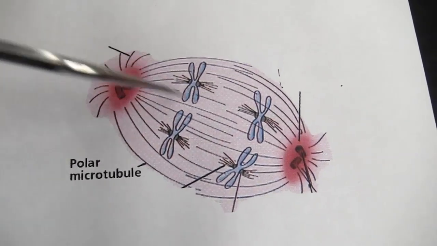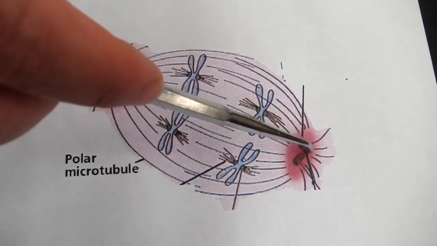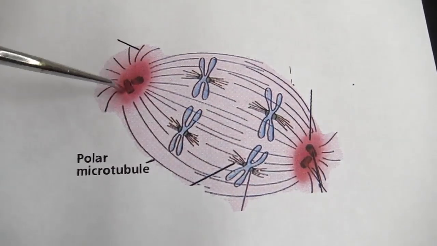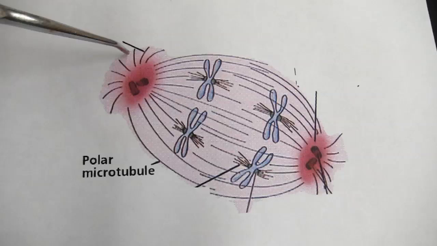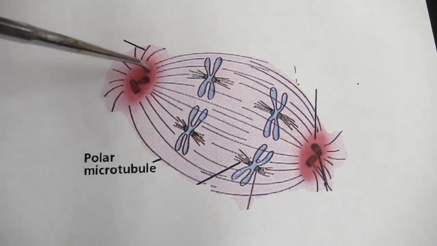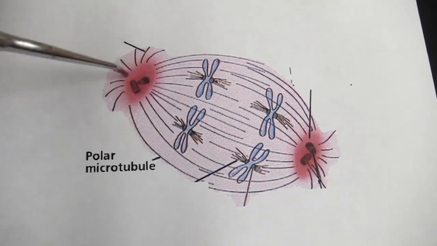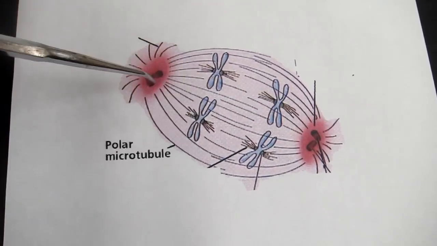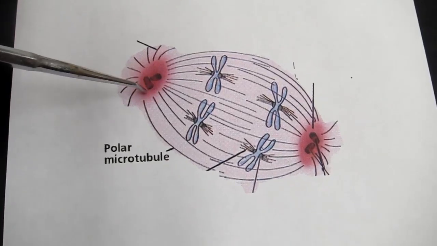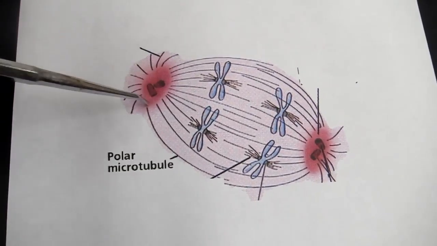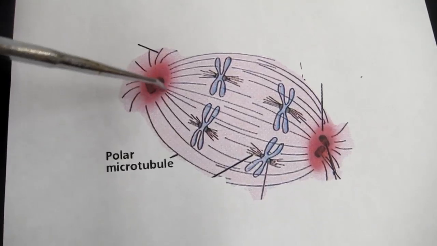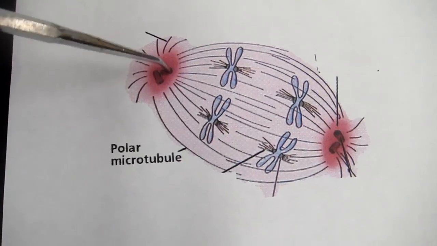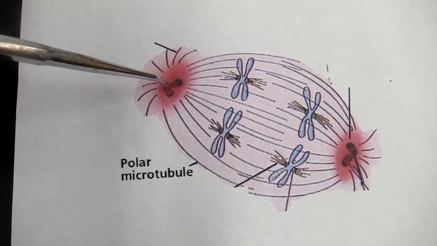This is arranged so one end is close to the plasma membrane on one side of the cell, and the other end is close to the plasma membrane on the other side of the cell. Inside these reddish areas that you see at the tips of the spindle on each side, you have what is called in your book a centrosome, and it used to be called a centriole pair, so that's the term you may be more familiar with.